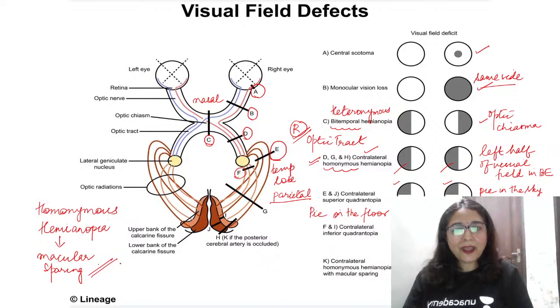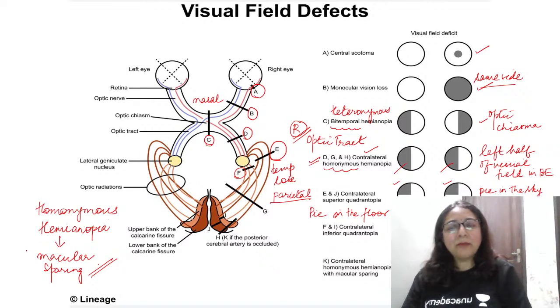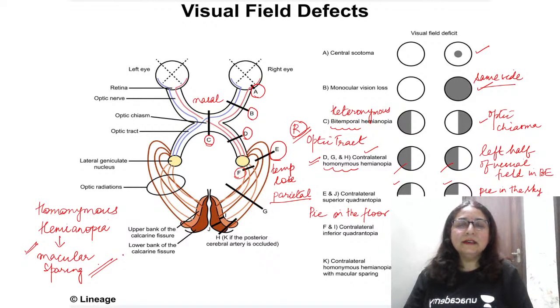I told you why. Because the macular area gets dual blood supply. Most of the lesions are because of the occipital lobe infarction. That is due to the posterior cerebral artery involvement. Now, in those cases, there is macular sparing because this part gets supply from both the middle cerebral as well as the posterior cerebral artery.